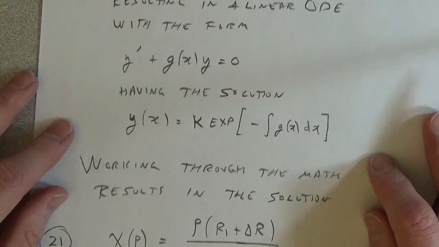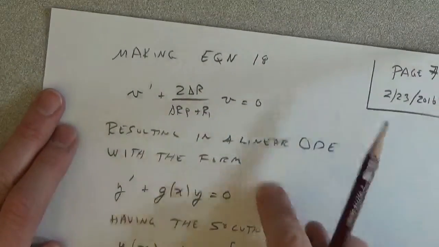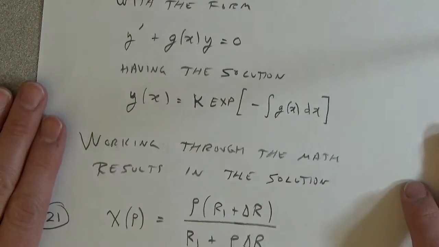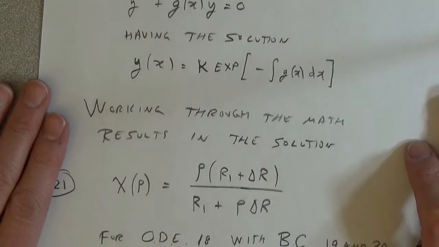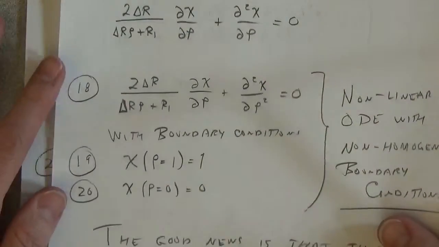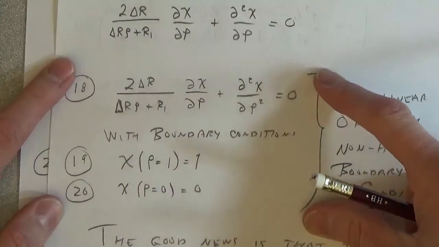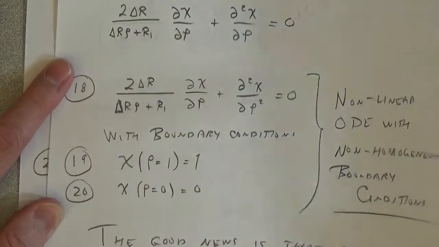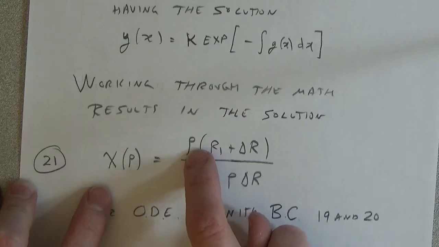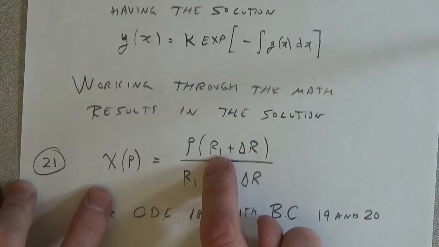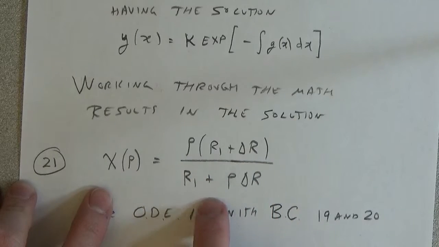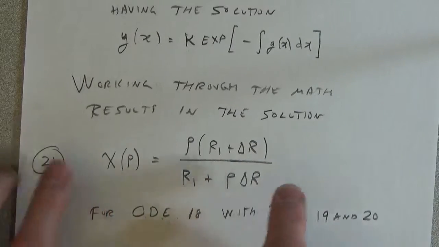So we have a linear problem, and I'm not stepping through all the math here because it's pretty tedious. The good news is that because this works, if you go to Mathematica, it will dump out the solution. So the solution to this problem is chi as a function of rho is equal to rho times r1 plus delta r, divided by r1 plus rho delta r.